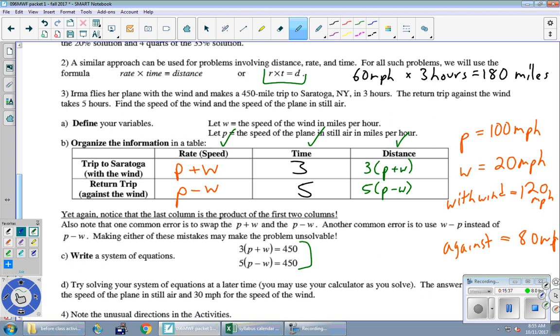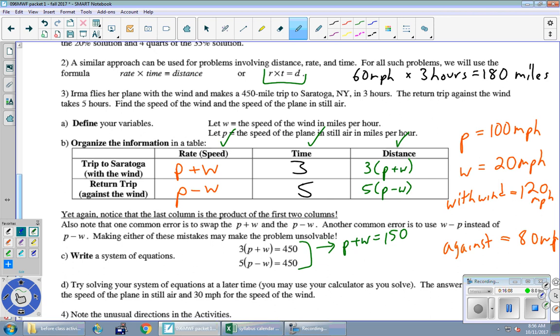But I want to point out, in order to solve these two particular equations, one technique would be to distribute, right? 3P plus 3W equals 450, and that's fine. And then you can proceed with either elimination or substitution. But the really smart way to solve these problems is to divide both sides of that first equation by 3. If you do that, the 3 goes away on the left-hand side, and 450 divided by 3 is 150. That is a much friendlier equation because there are 1s in front of the variables.